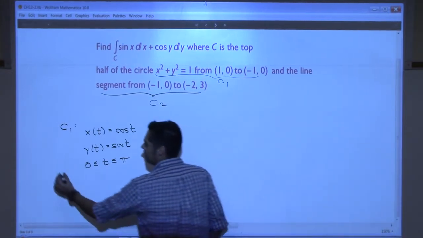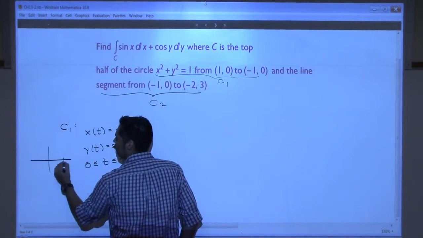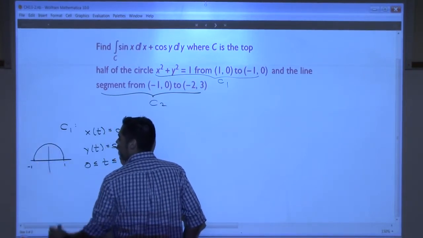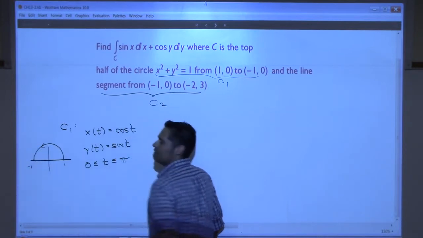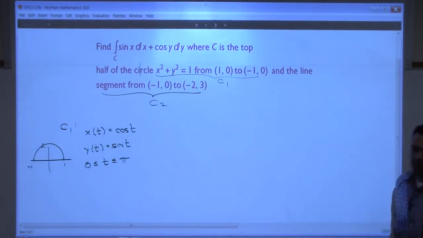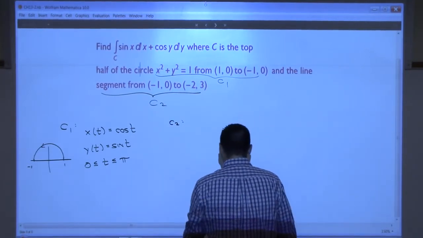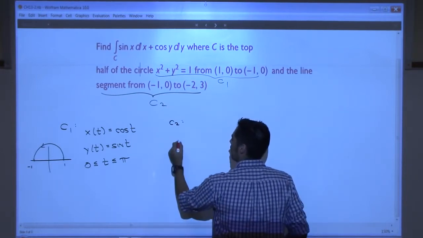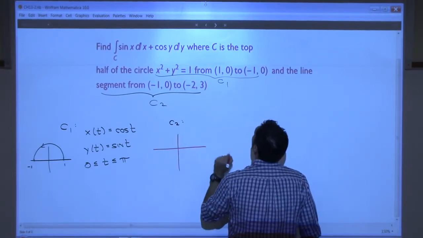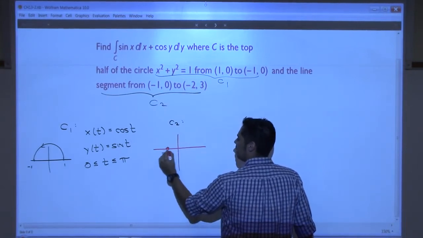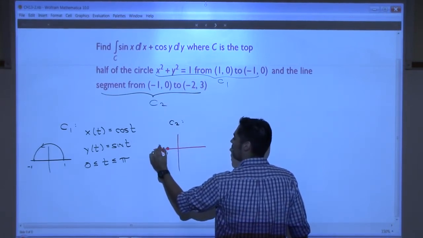So C1 is going to draw the upper half of the circle, right? That goes like that. C2 connects -1, 0 to -2, 3.